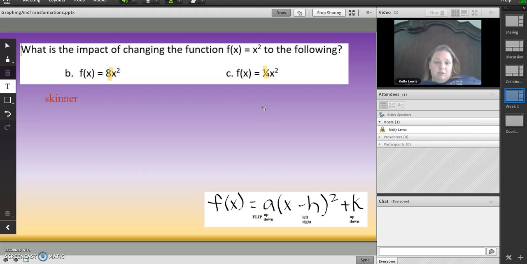All right, now 1/4 x squared. That's x squared, and that's 1/4 x squared. Notice that it's way wider.